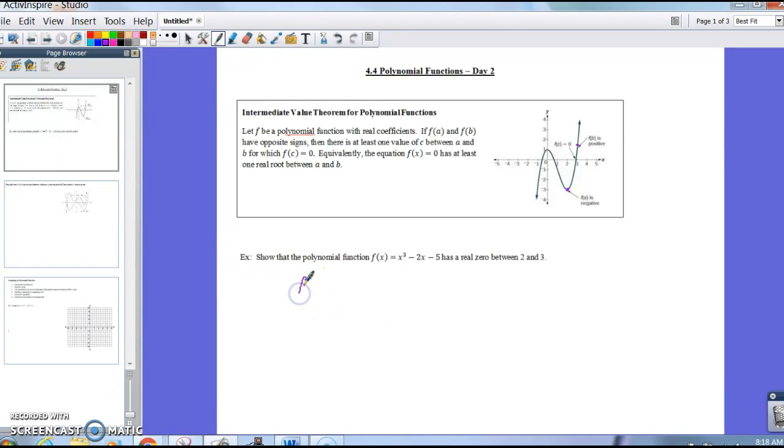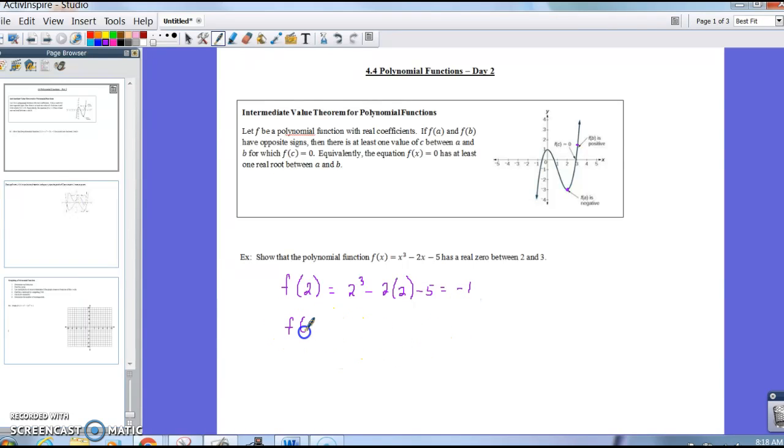So if I find f of 2, and I plug that in, I've got 2 cubed minus 2 times 2 minus 5. That gives me 8 minus 4 minus 5, which gives me negative 1.